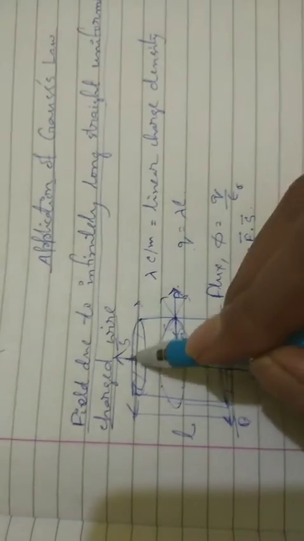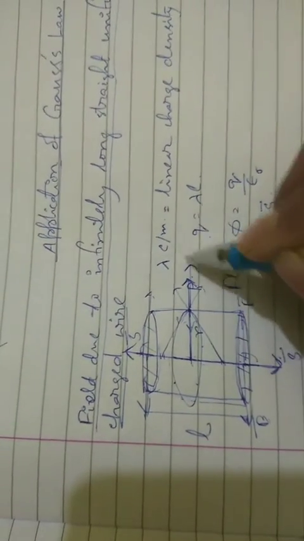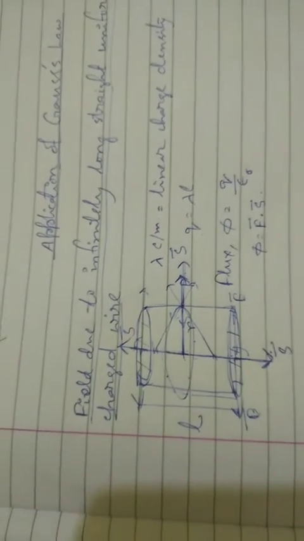So for these two surfaces, the electric field and the area vector are mutually perpendicular, and the total flux will be 0. We are only left with the last surface, which is the curved surface. For this surface, the area vector is perpendicular in this direction, and the electric field is also in the same direction. So they are in the same direction.